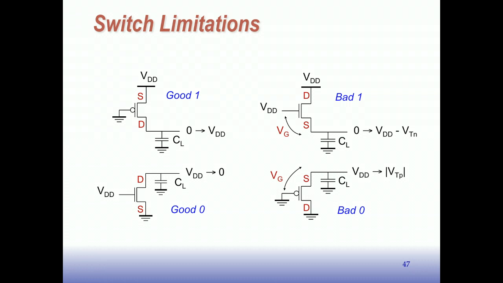If we try to do it the other way, if we try to use an N-type transistor to pull up this node here, what's going to happen is if this node were at 0, we turn on the transistor by putting a high voltage here. As this voltage goes higher and higher, we'll get to a point where VGS is going to be VT.